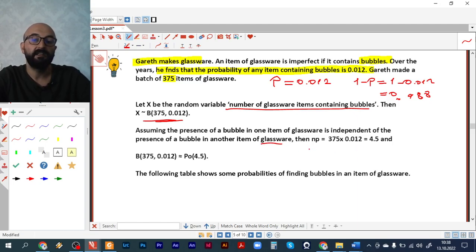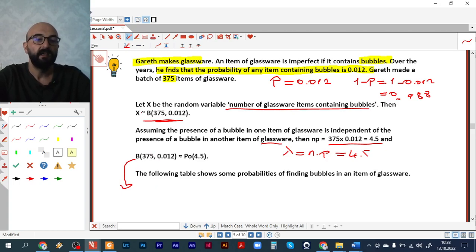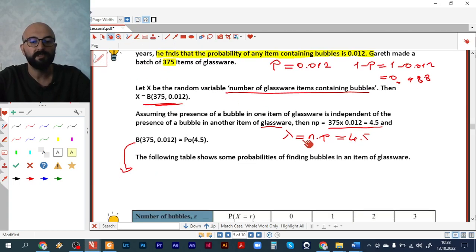And if you want to use the Poisson distribution, you should compute lambda. Lambda equals n multiplied by pi. So from this process it is 4.5. If you want to use the binomial distribution for solving this problem, you have a much longer process.